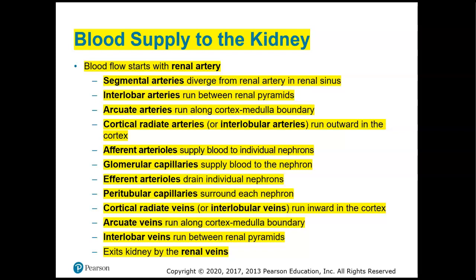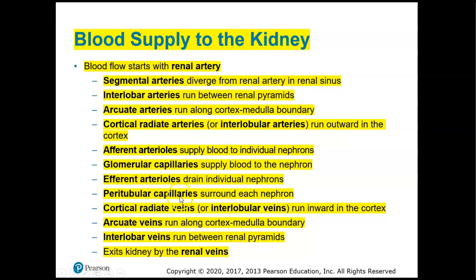The blood supply to the kidney is listed here, beginning with the renal artery and ending with the renal veins. So blood flow starts with the renal artery, then the segmental arteries, interlobar arteries, arcuate arteries, cortical radiate arteries, afferent arterioles, and inside of the renal corpuscle you have the glomerular capillaries, or the glomerulus, and then blood leaves the renal corpuscle by the efferent arterioles.